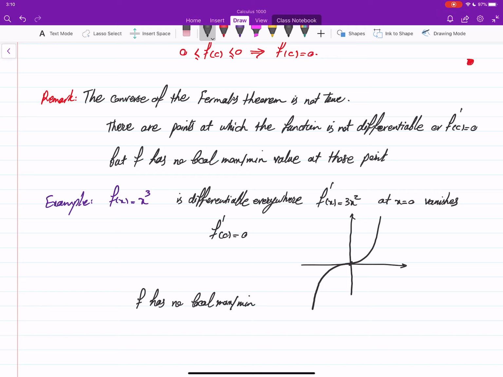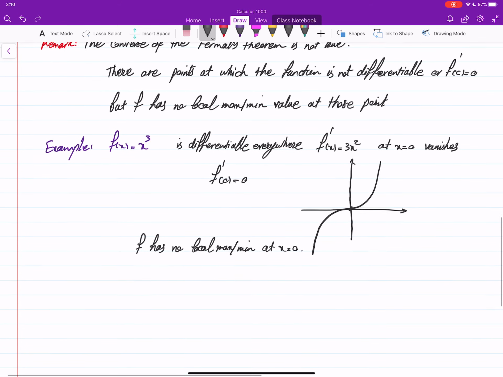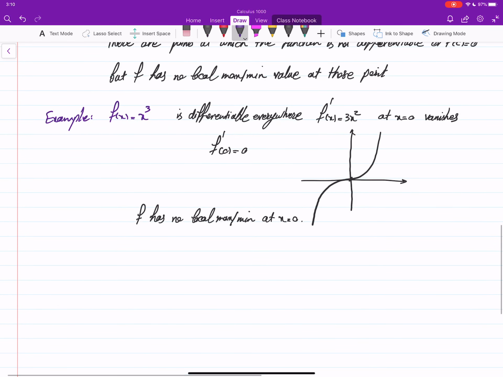As you can see, the derivative at some point is 0, but that point is neither a local max nor a local min.